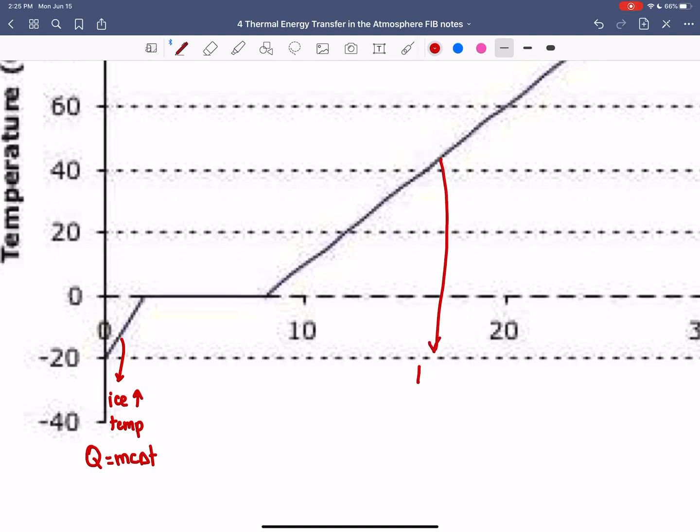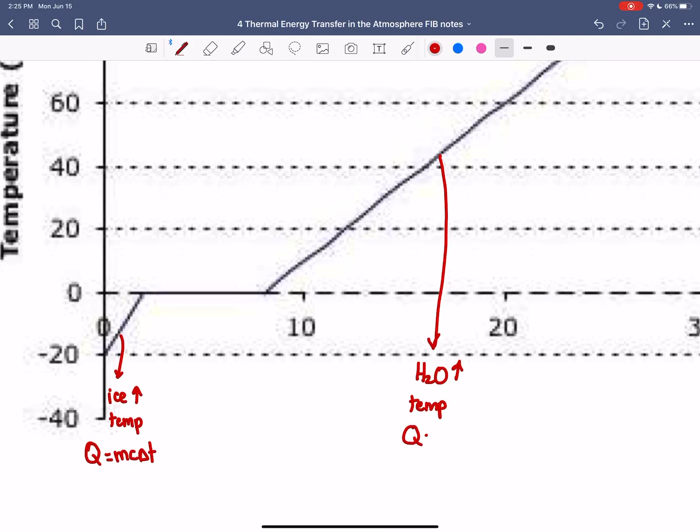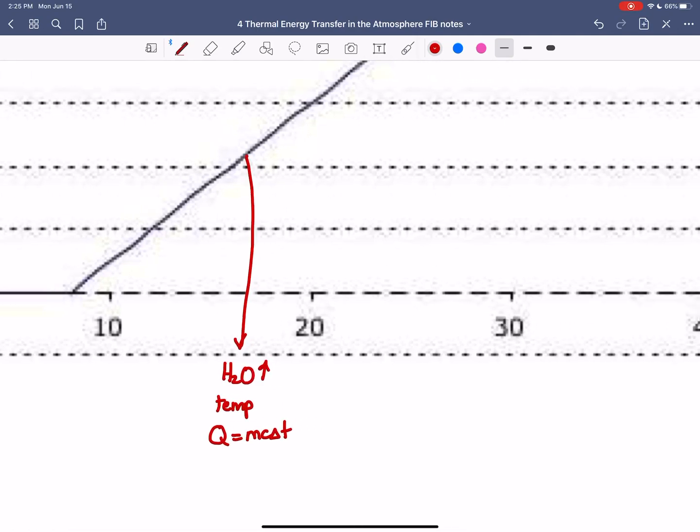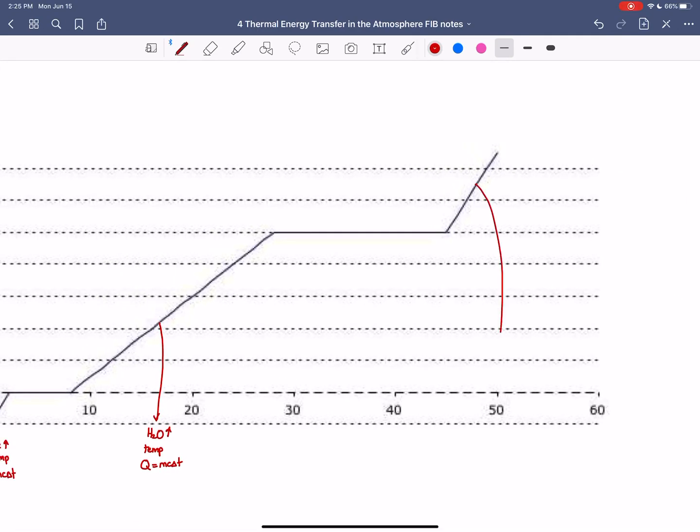Here, I have water increasing in temperature. And so again, I would have Q equal to mcΔT to figure that out. And then right here, I have steam increasing in temperature. And again, it would be Q equal to mcΔT.